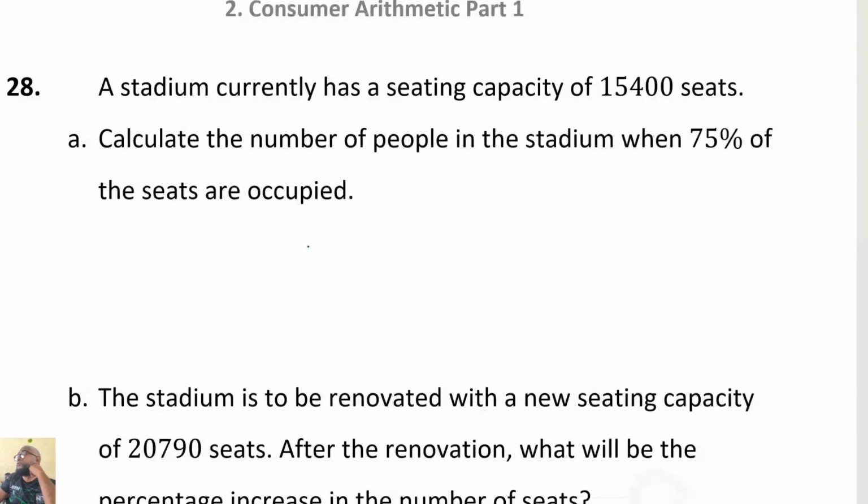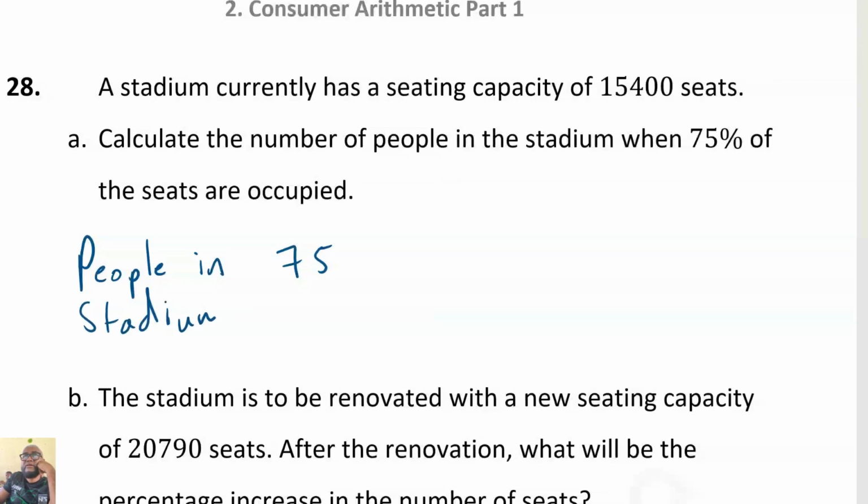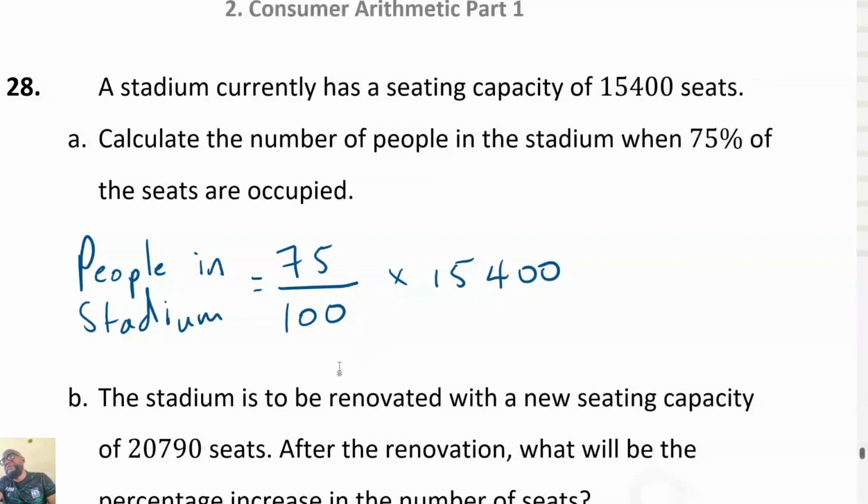So this will be people in stadium, equal to 75 over 100 multiplied by 15,600. Tell me how many people are in the stadium.